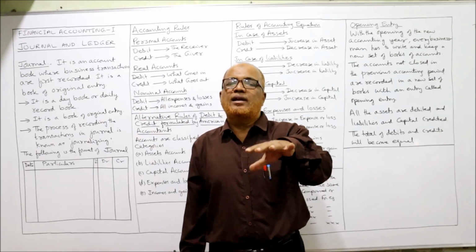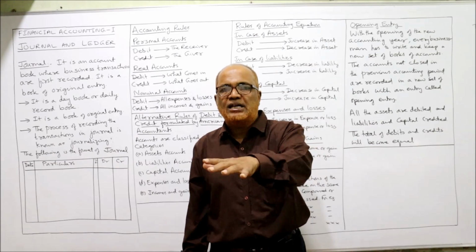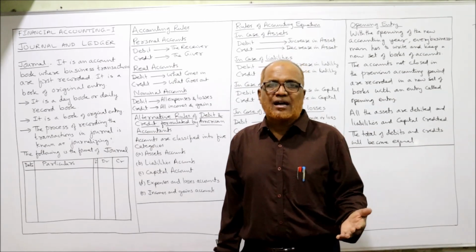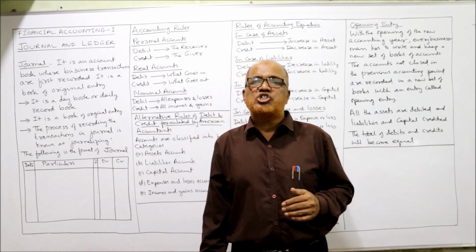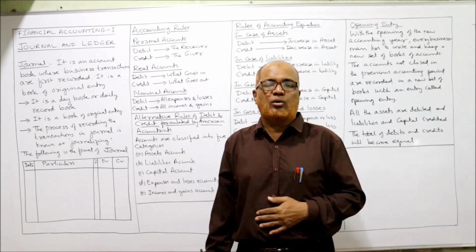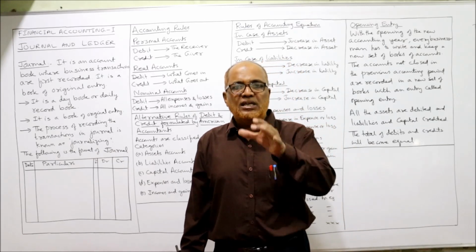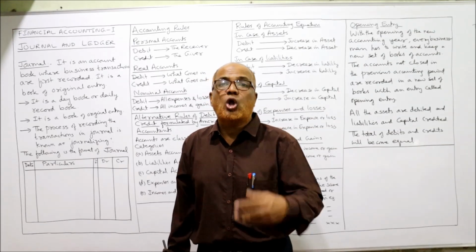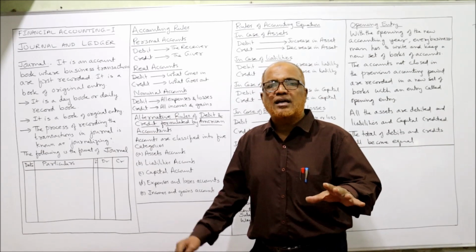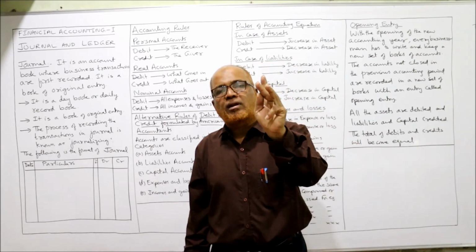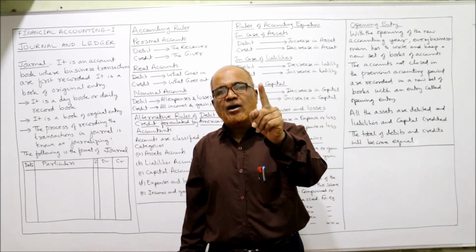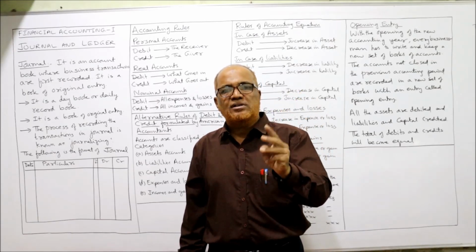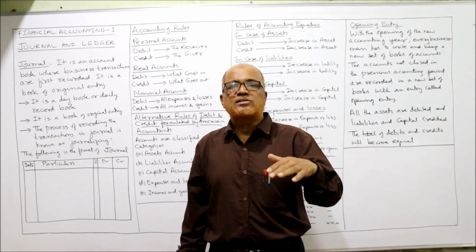Nominal accounts are the accounts relating to expenses, losses, incomes, gains, etc. Examples are salary account, wages account, rent account, printing and stationery account, interest account, commission account, discount account. These are the examples of expenses, losses, incomes and gains. These are called nominal accounts. In this way, we have categorized into three accounts: personal account, real account, nominal account. Personal account relating to persons, real account relating to assets and properties, and nominal account relating to expenses, losses, incomes and gains.